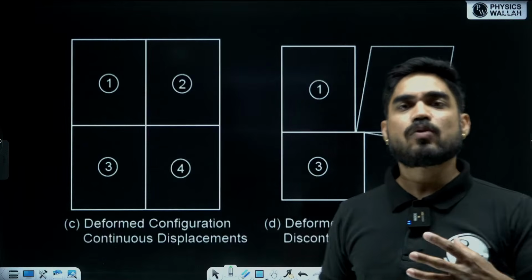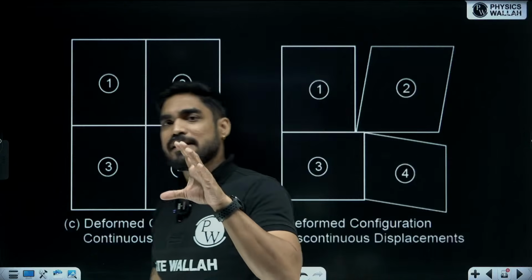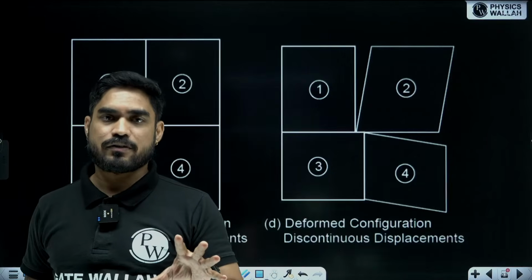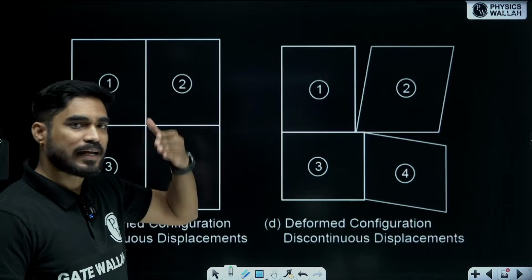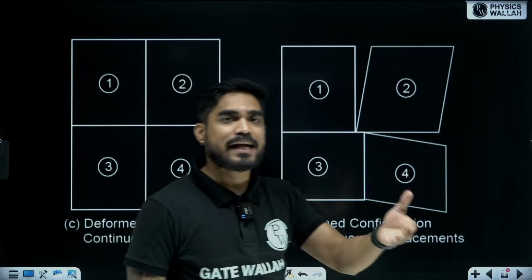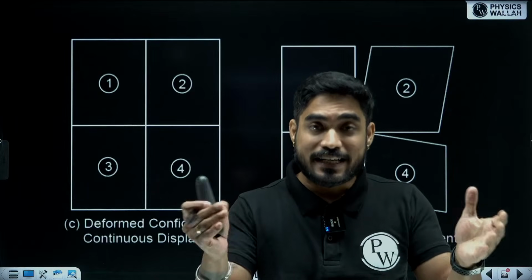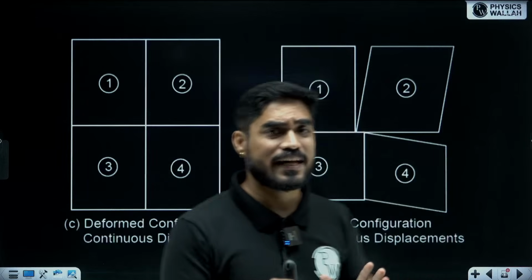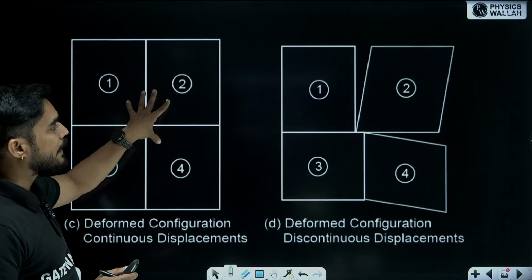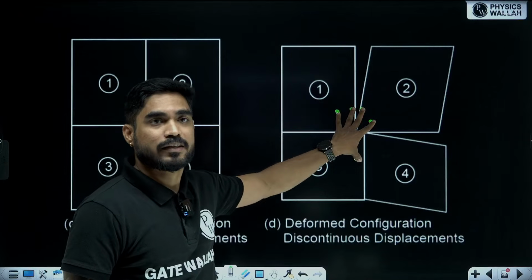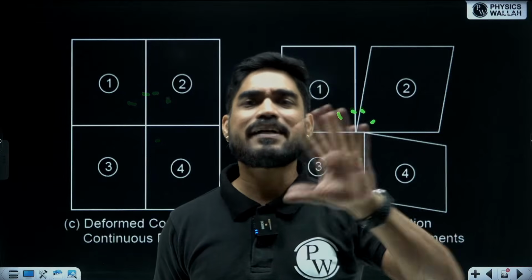Now understand the mathematical meaning behind it. When we calculate strain, all these strain values should be connected together, meaning epsilon x, epsilon y, gamma xy, all these strain components are connected in such a way that we get this diagram, not this diagram, because epsilon x, epsilon y, gamma xy are not independent of each other.